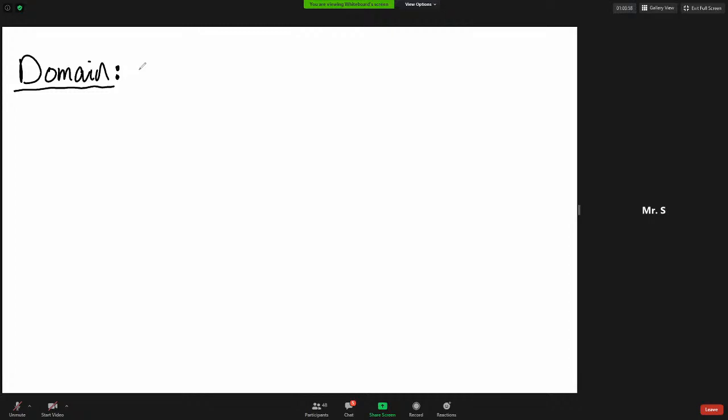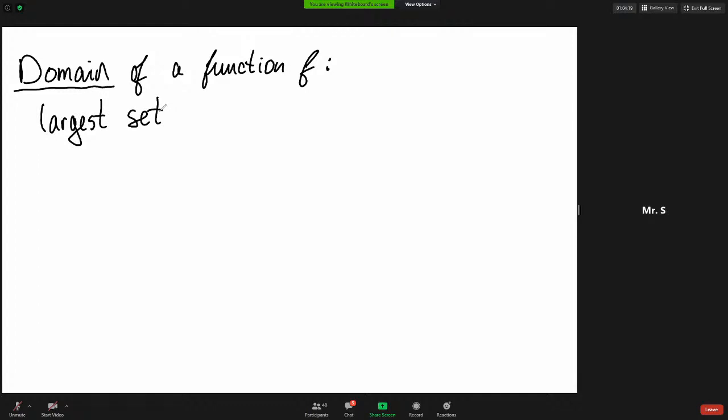So if we're talking about a domain, let me put in the name of the function. Let's say domain of a function f. Then we define it in a way that it's the largest set of real numbers.